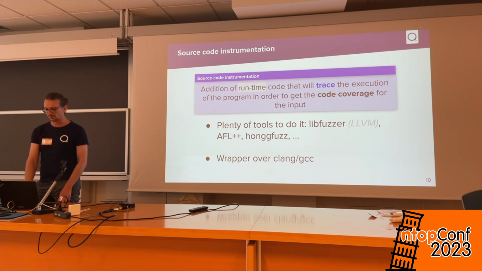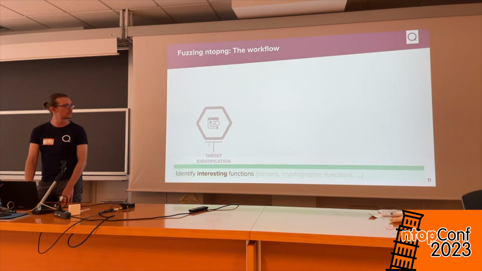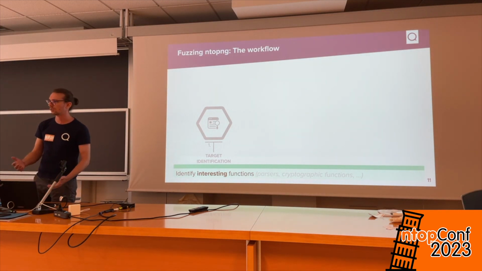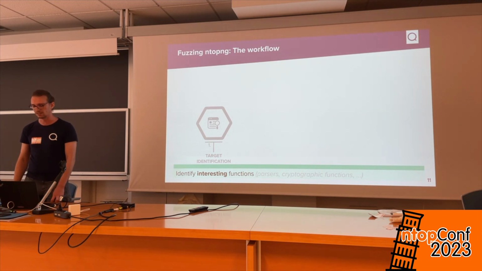Let's see how we will apply it to ntopng and how I applied it. The idea is that first we want to identify a target in the source code that is meaningful to be fuzzed. It's usually a function that contains a lot of code, that might be complex, with a lot of memory allocations, so it's easy to introduce bugs.